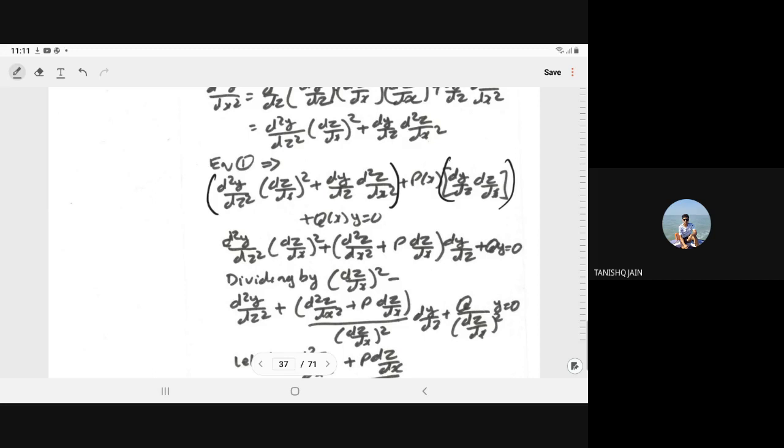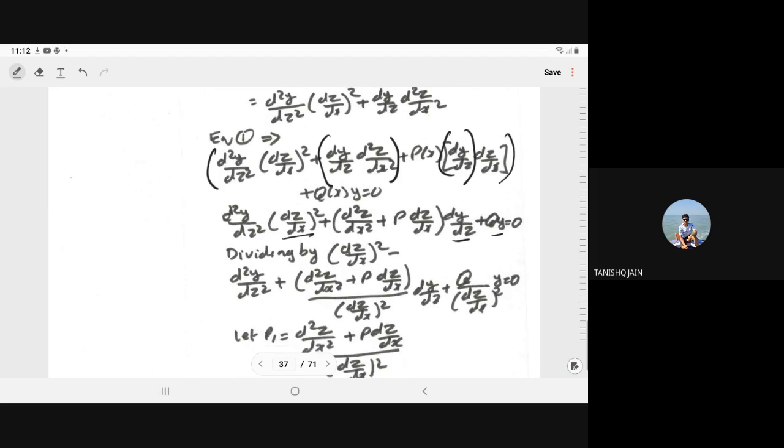We collect the coefficients of (dz/dx)² and dy/dz. So we get d²y/dz² into (dz/dx)² plus (d²z/dx² + p dz/dx) into dy/dz, plus q into y equal to 0.